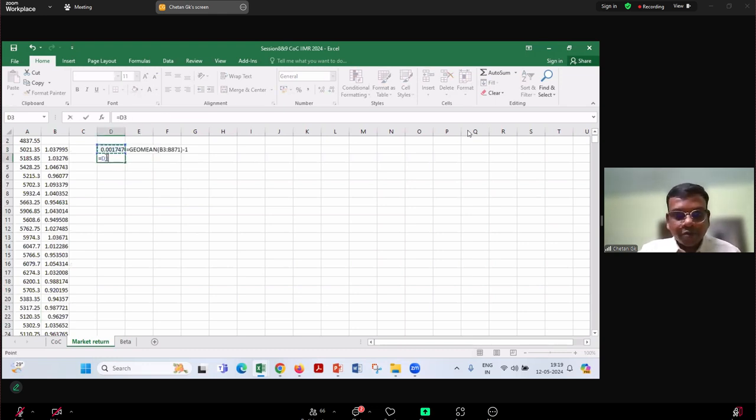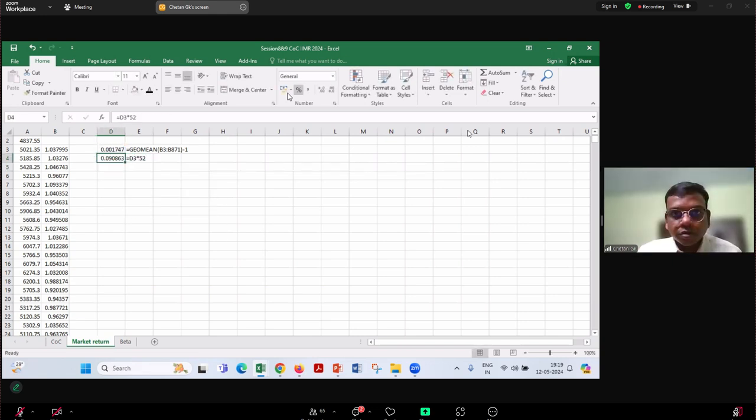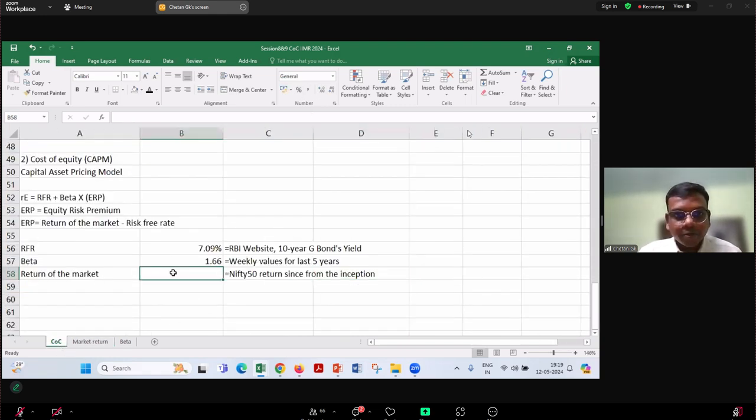And this multiplied by how much? This is weekly return multiplied by 52 here, right? Yes. So 9.09 I got it. So I go here and I put is equal to market return.